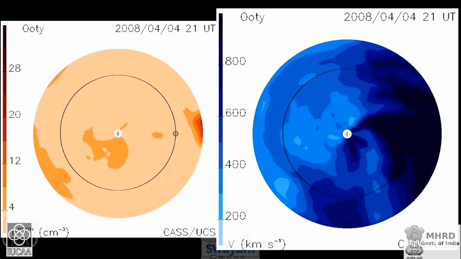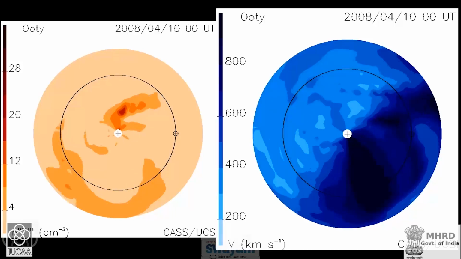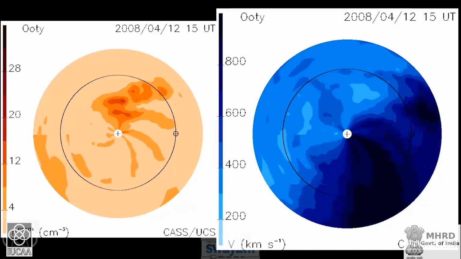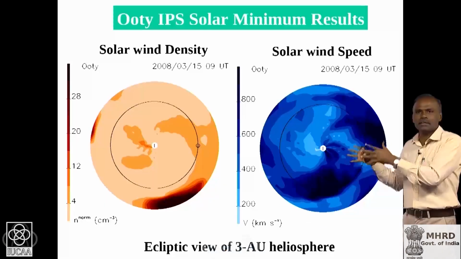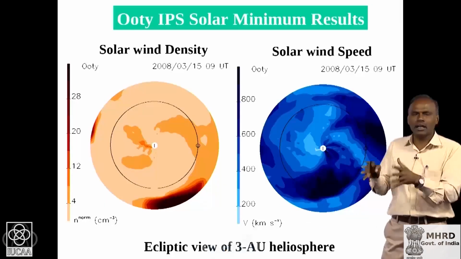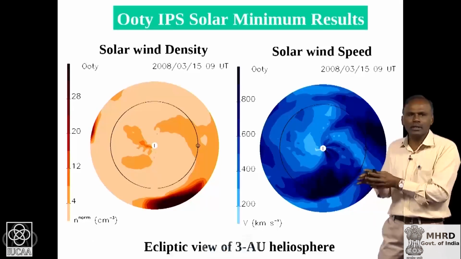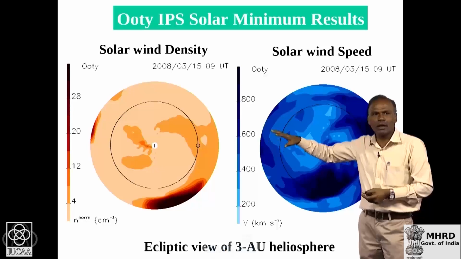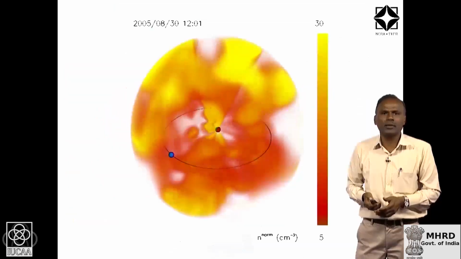So, those things can be seen. The concentrated density, they give the idea about the moving coronal mass ejection. Similarly, in velocity also, the intense dark region indicates the high speed wind, and the light region indicates the low speed wind. So, we could see how the velocity is varying in the 3-dimensional space.